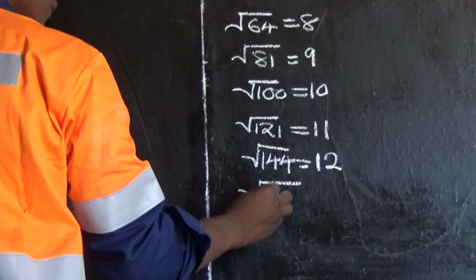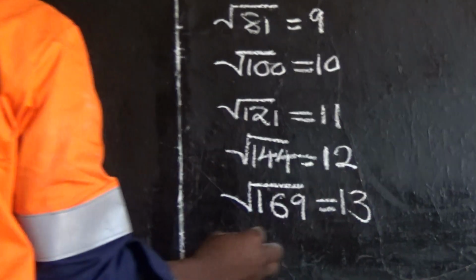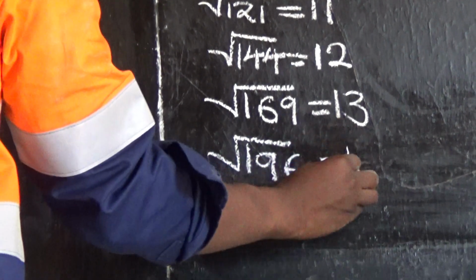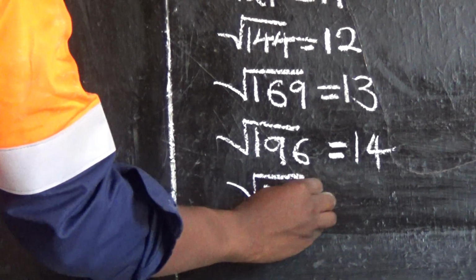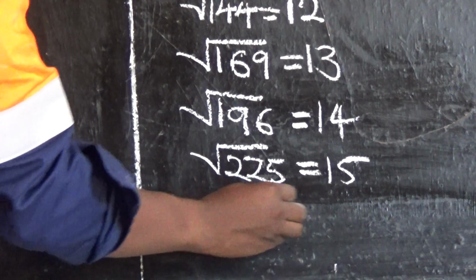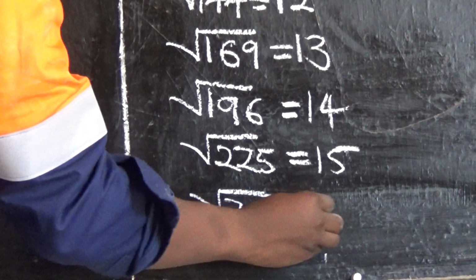Square root of 169, you get 13. Square root of 196, you get 14. Square root of 225, you get 15. Let's say square root of 256, you get 16, and so on.